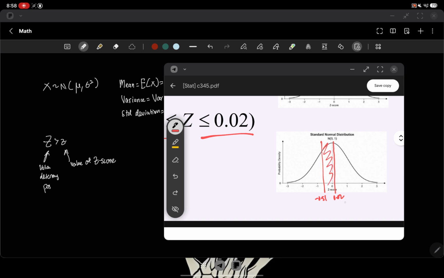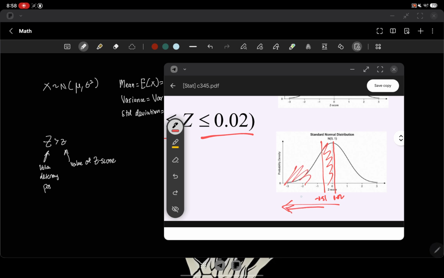Now we need to find that z is less than 0.02 and then z is more than negative 0.51.